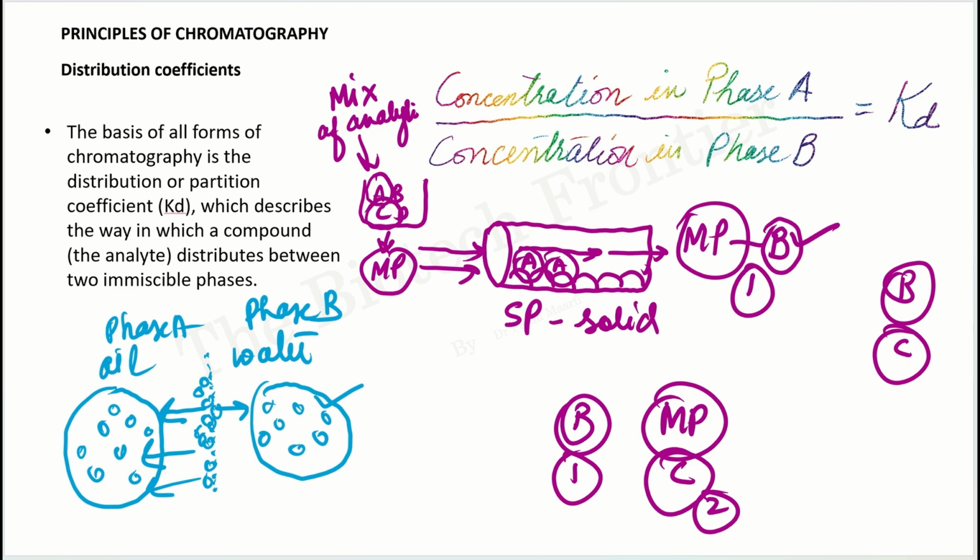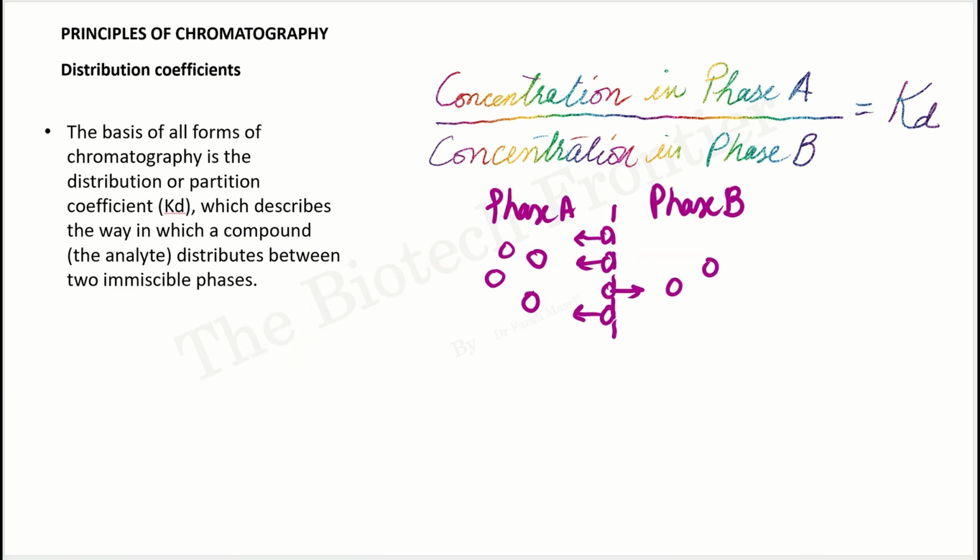So in this way, you can separate, or you can understand the distribution pattern of the analyte between the two phases. During chromatographic separation, the analytes continuously pass back and forth between these two phases, so that the difference in their distribution coefficient results in their separation.